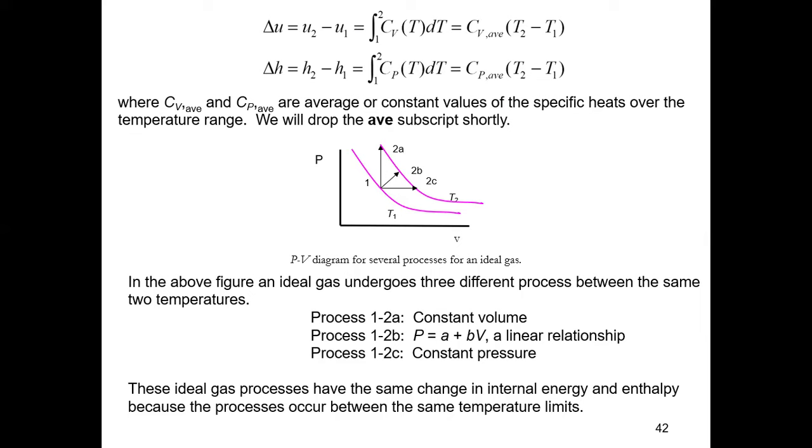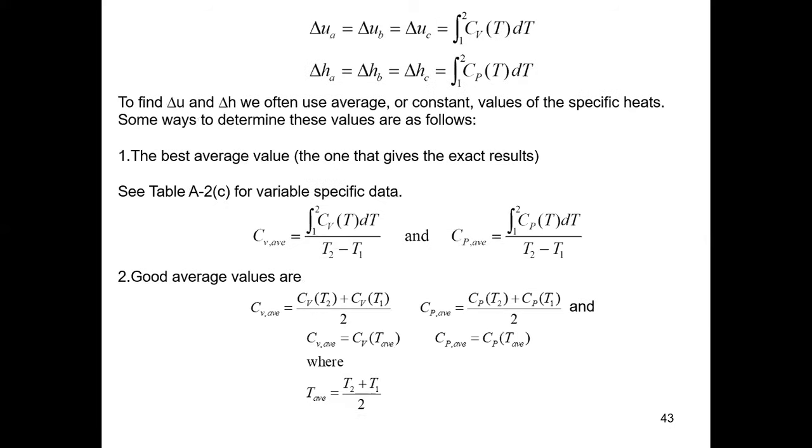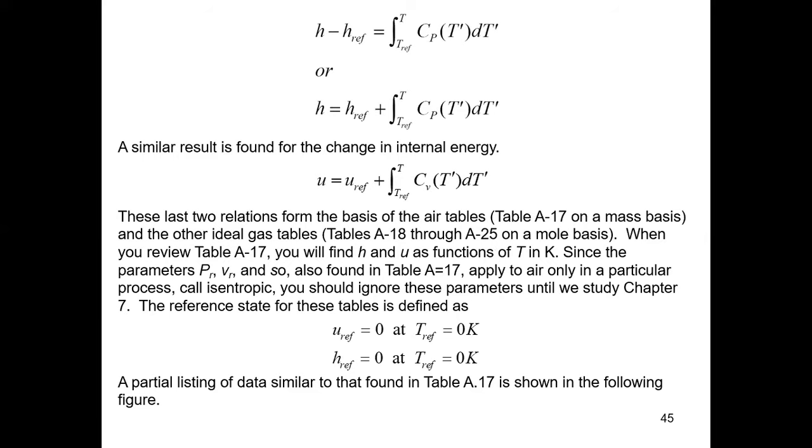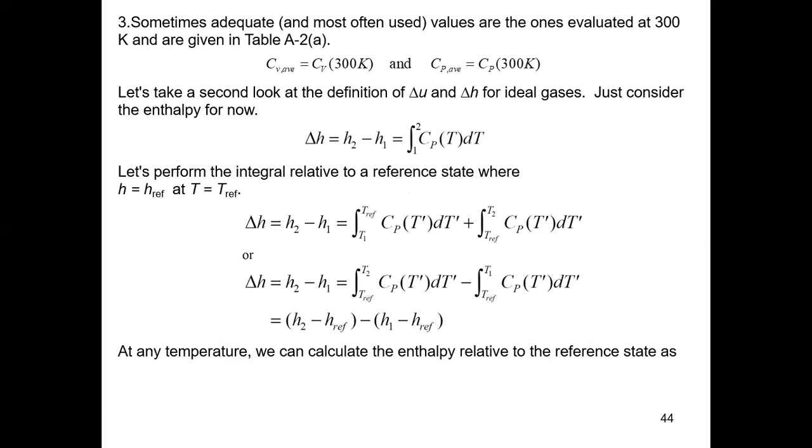Because it's a horizontal line, whereas the first one is constant volume because it's a vertical line. They go through all of this, showing you the best way to determine the specific heat at constant volume and the specific heat at constant pressure by doing this integration and so forth. And then they calculate the change in enthalpy for the case.